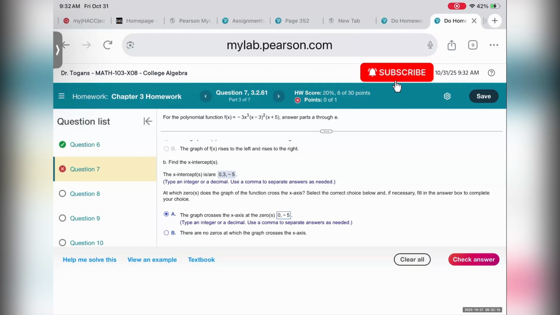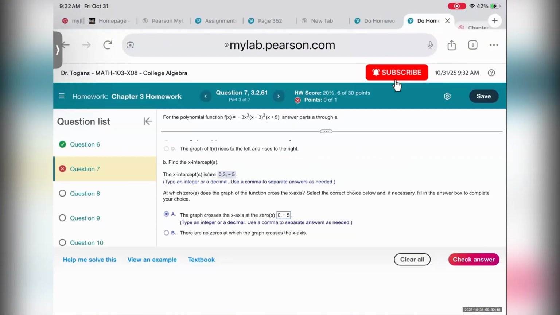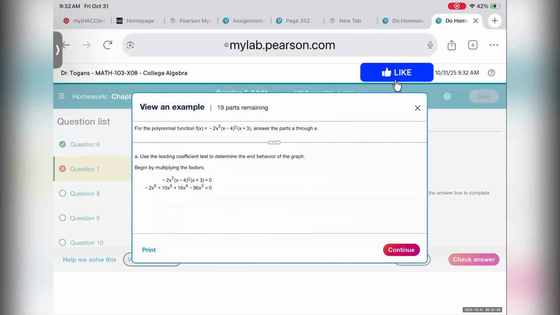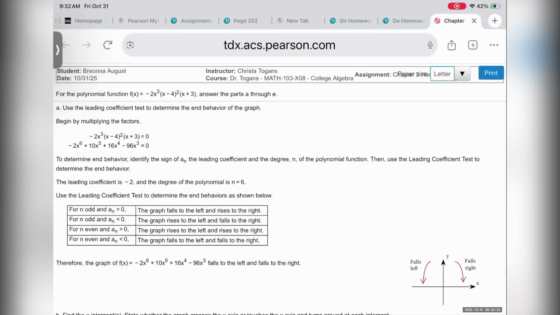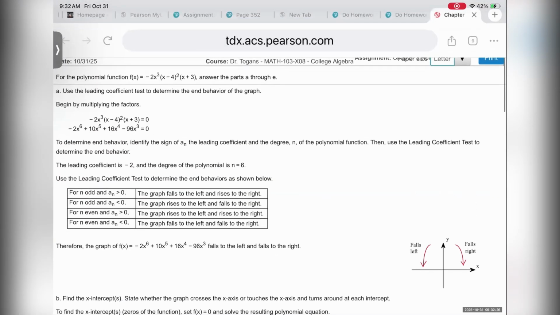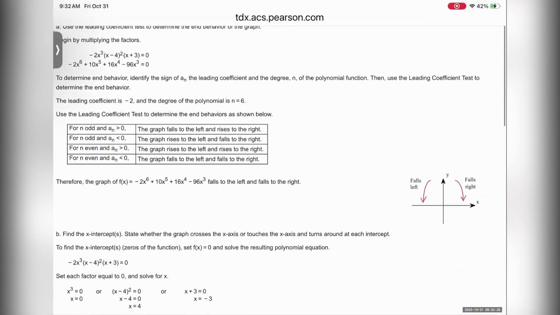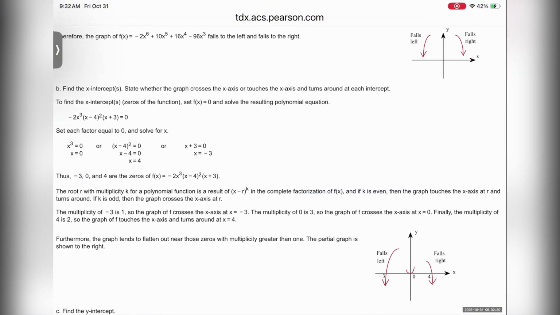Yeah, look at the example. I can never remember the touch one, the one it touches and turns. Okay, so we have one at 0 and one at 4 and one at -3.